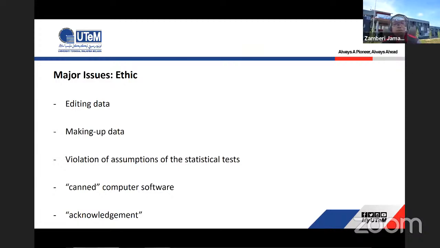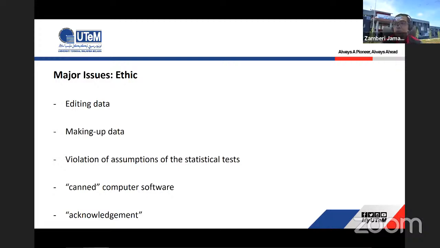Especially if you see that the data looks perfect, we could scrutinize the students on how the data were gathered, what methods they used, what experiments, and what tools. From there, we could cross-check the validity and reliability of the data. Data editing and making up data are more or less similar. Violation of assumptions.